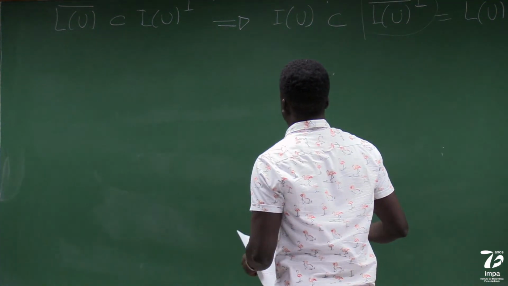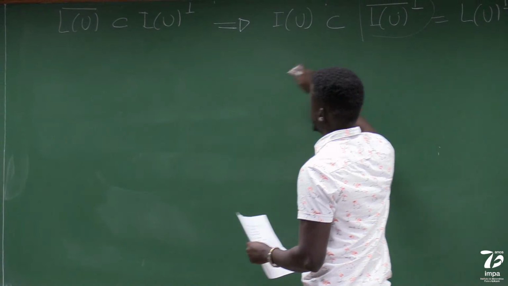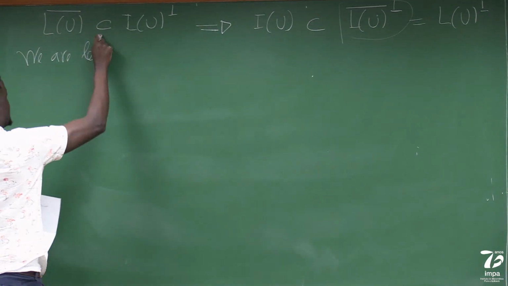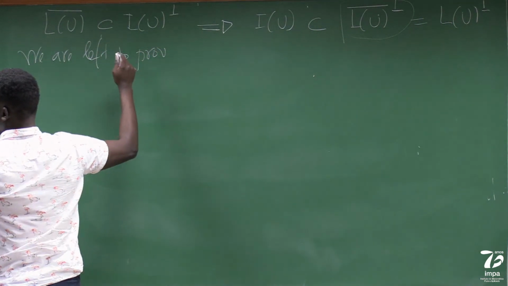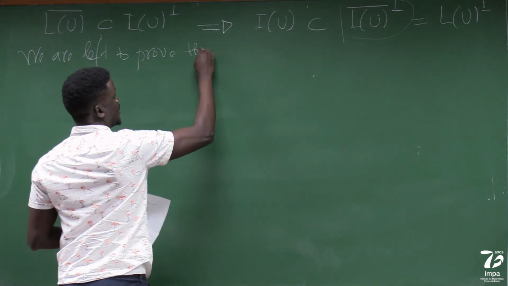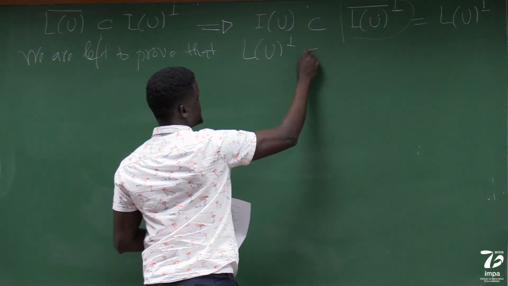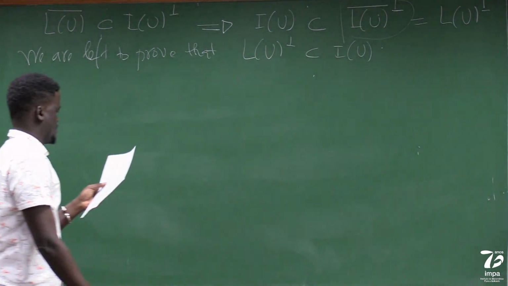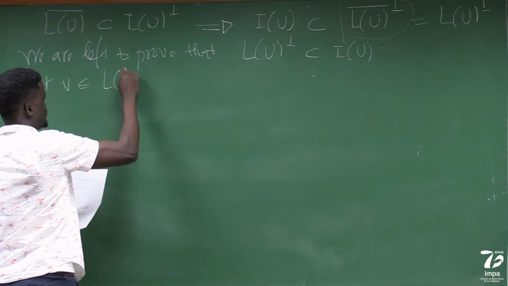So this is what we proved. Now we want to prove the reverse. We are left to prove, for the claim to be true, that L_U orthogonal is a subset of I_U. So we pick v in L_U orthogonal.